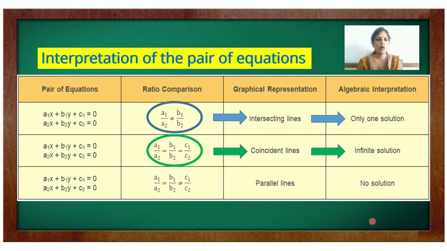Now suppose you observe that A1 upon A2 is equal to B1 upon B2 but not equal to C1 upon C2. That time you can interpret that the lines will be parallel lines and the pair of linear equations will not have a common solution, will not have any solution. Alright, so this is called the graphical interpretation of pair of linear equations.